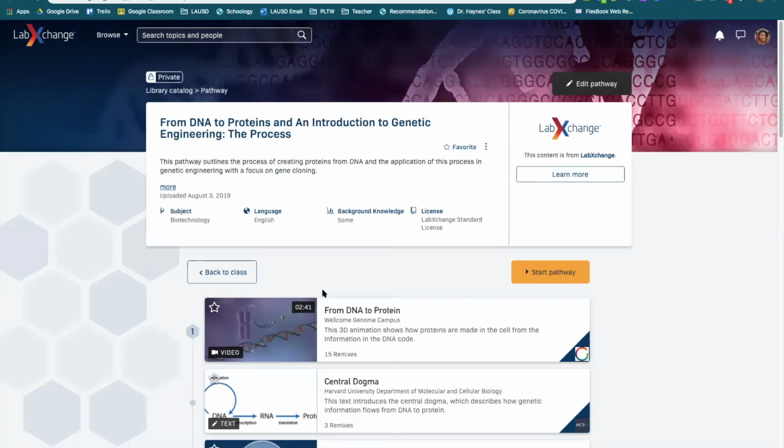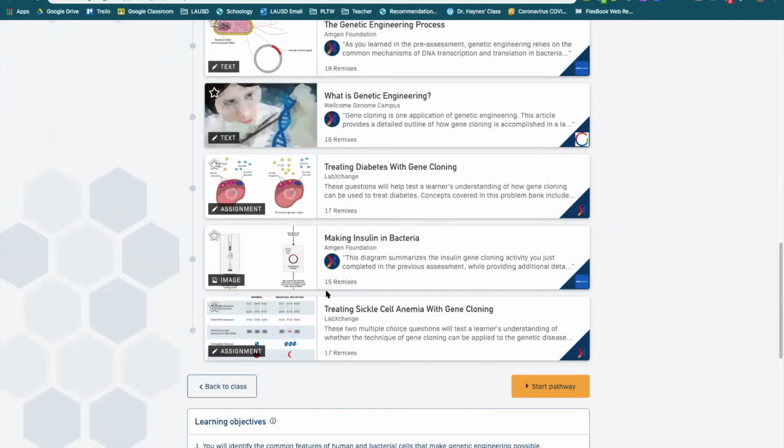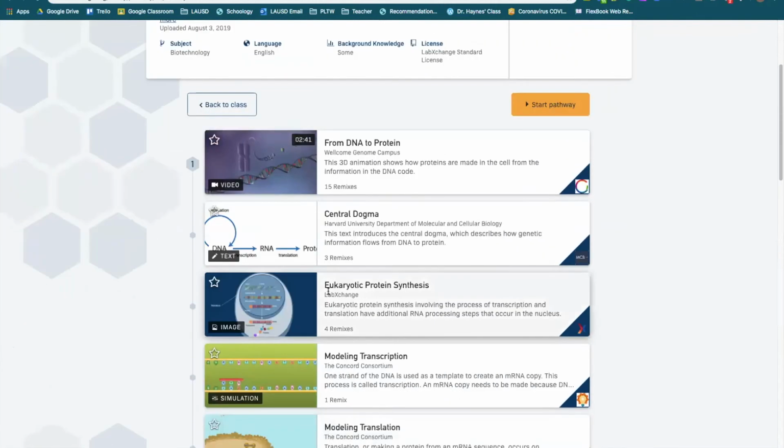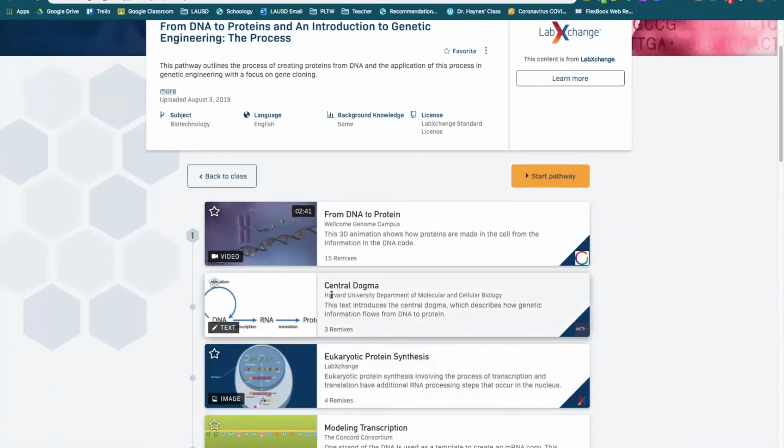So when you open it, you'll see this long list of activities that I have for you to do. And these are really great learning activities to truly understand what we're talking about when we're talking about DNA and proteins, because we're talking about very, very small things. And it's really hard to imagine.